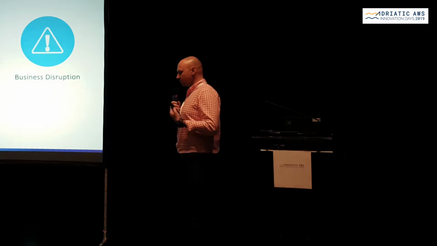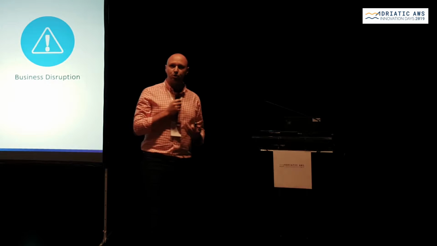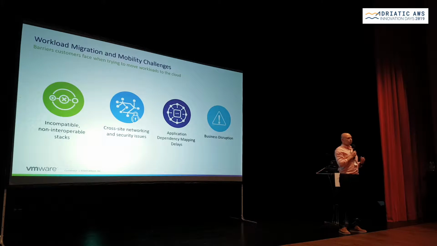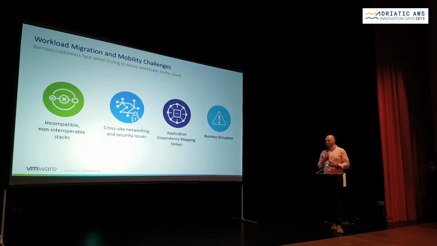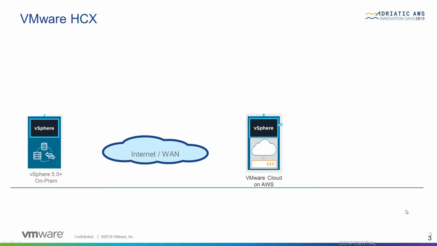So VMware has done a lot of work in this area, and there is a solution which is not quite new. It was already used a couple of years ago for those VCPP providers. It was called Hybrid Connect. Now we rebranded the solution, and we now call it HCX. And it's not only rebranded, but we added a lot of additional functionalities.